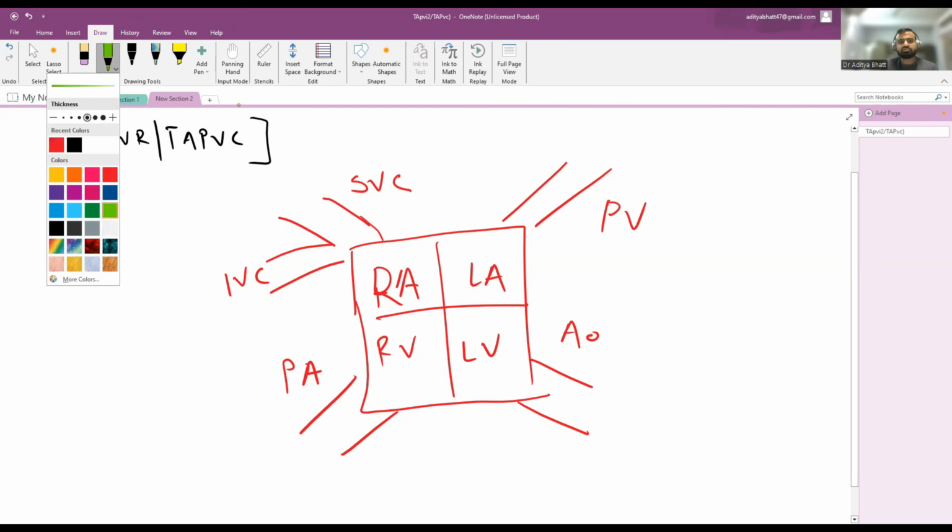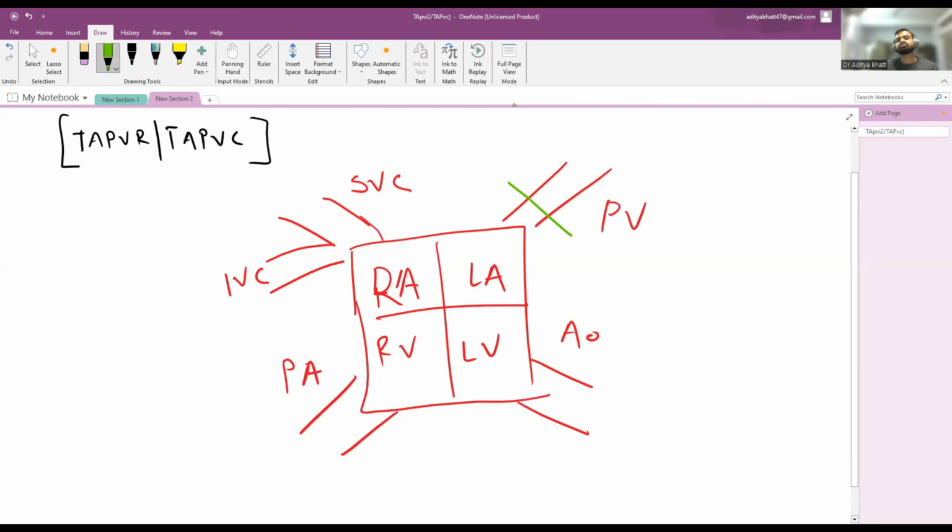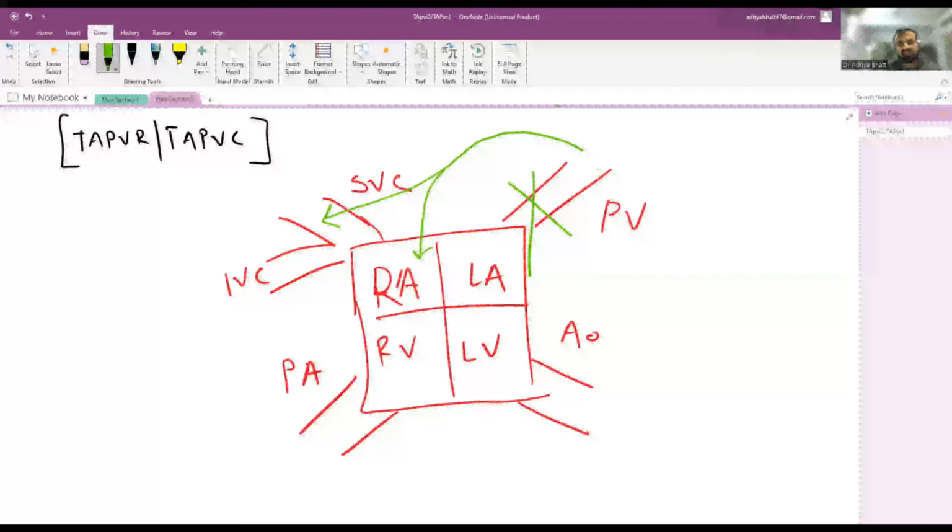TAPVC heart. Okay, so in TAPVC, the pulmonary vein does not open in the left atrium. Instead, it goes on an abnormal pathway where it will either open in the SVC, or in the right atrium, or in the IVC.